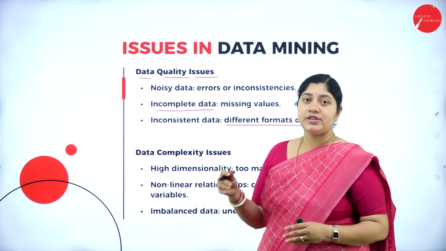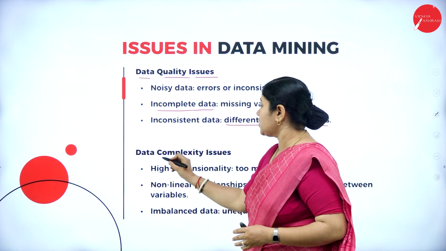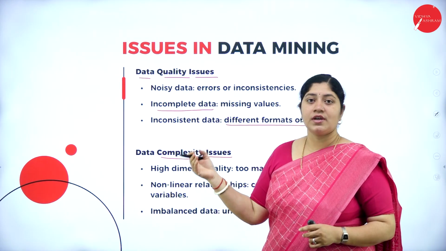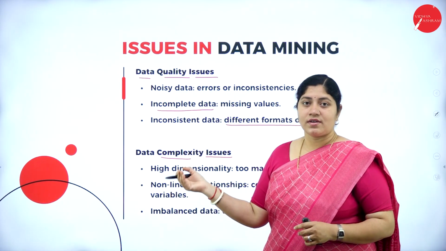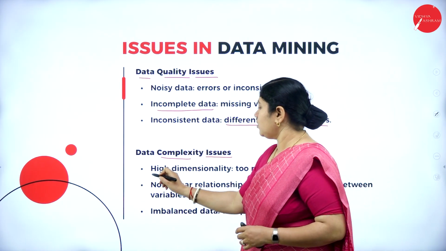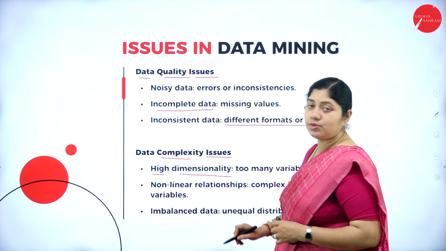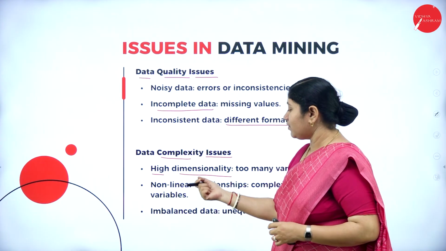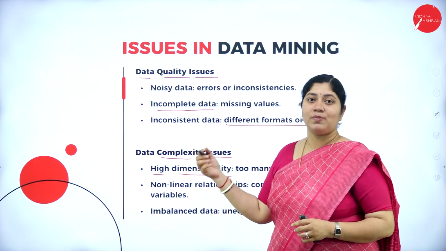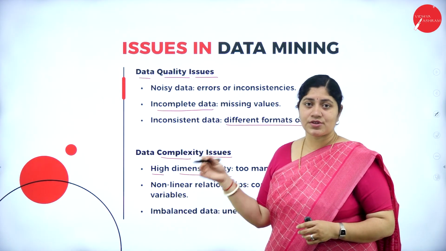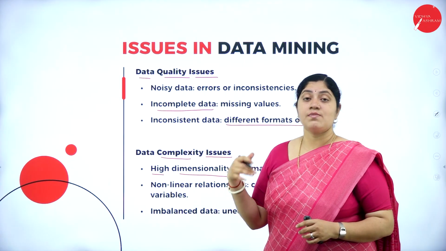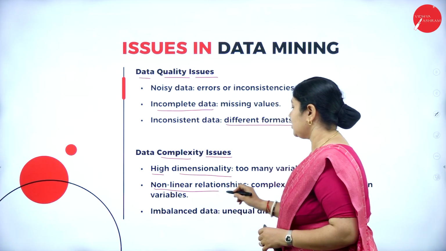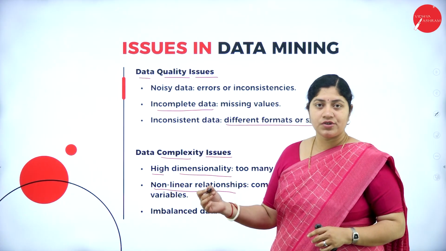The next type is data complexity issues. As the name says, the data sometimes may be high dimensional, which is one issue when considering data mining techniques. Then, there might be non-linear relationships in the information.